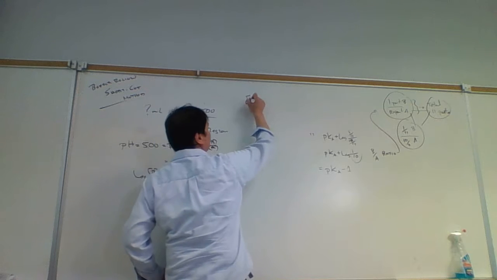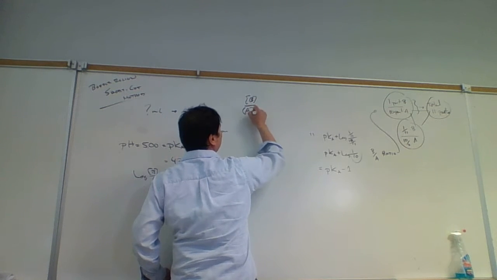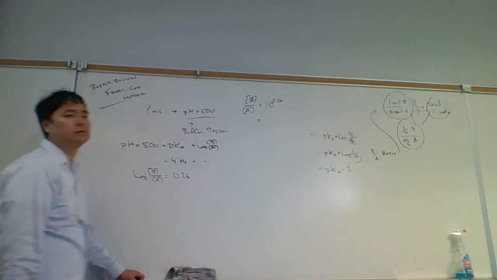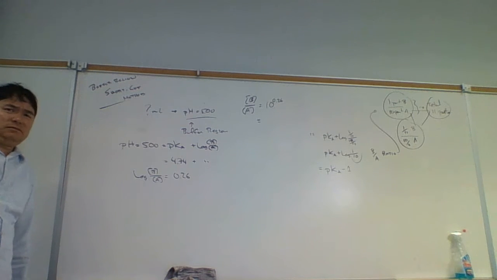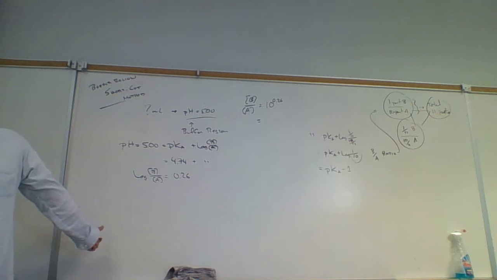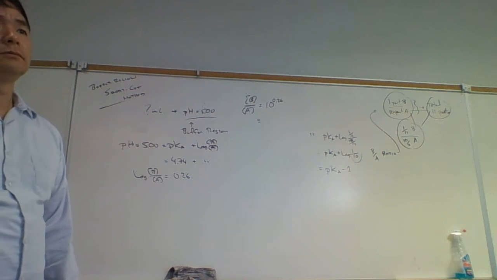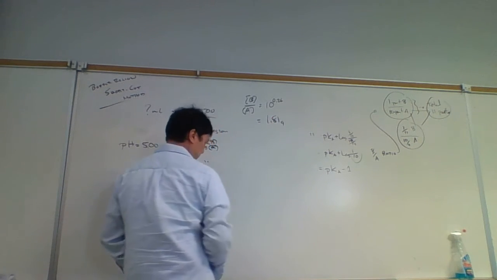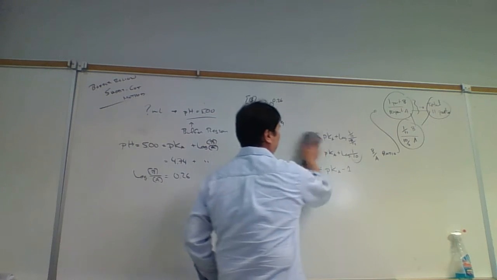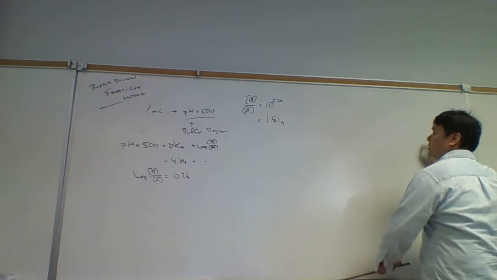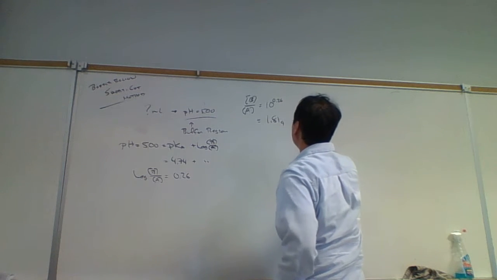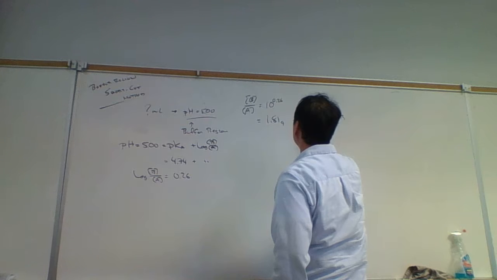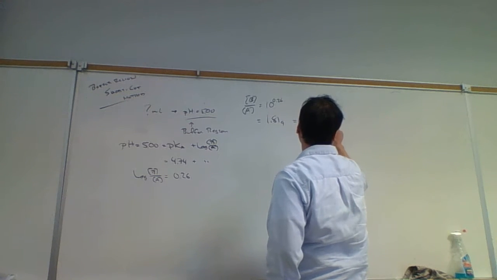And that means the base to acid ratio is equal to 10 to the 0.26 power, which is 1.819, which means that we have 1.819 parts base to 1 part acid.